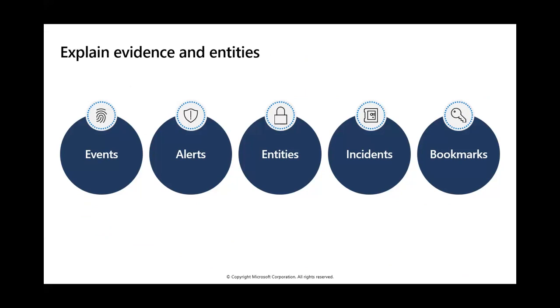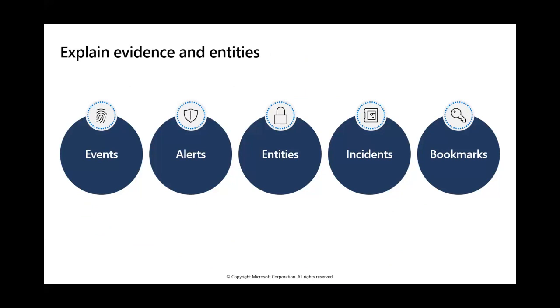For alerts, most incidents are generated because of an analytic rule alert. Examples of alerts will include a detection of suspicious files, a detection of suspicious user activities, or an attempted elevation of privilege. We have also incident entities. An entity refers to a network or user resource involved in an event.